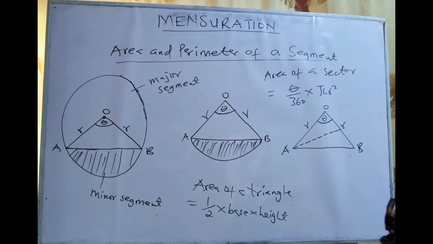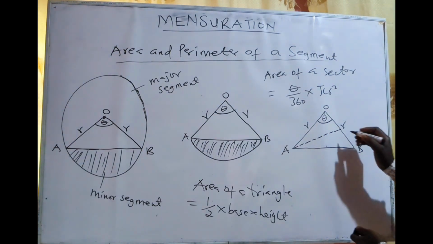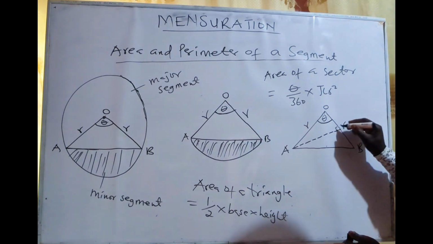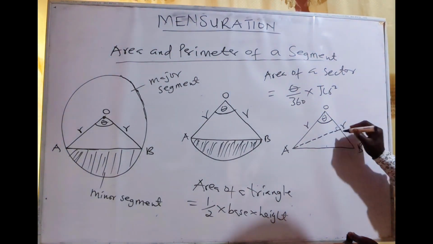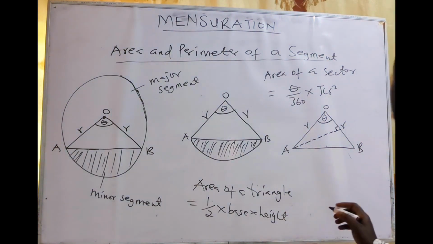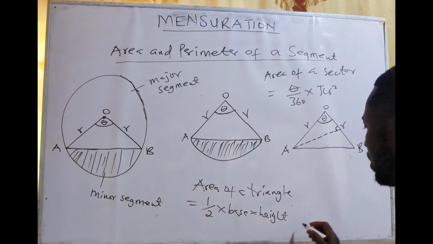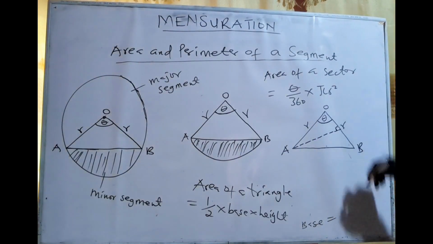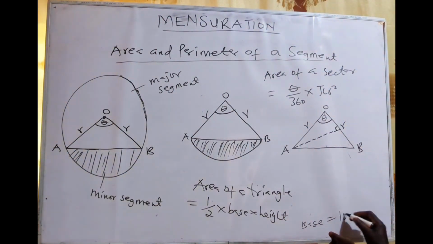What you should take note of is that the height is perpendicular to the base. So we are definitely going to have a right angle triangle formed here. Let's put our base down. Our base is this side, OB. Our base is the length OB.